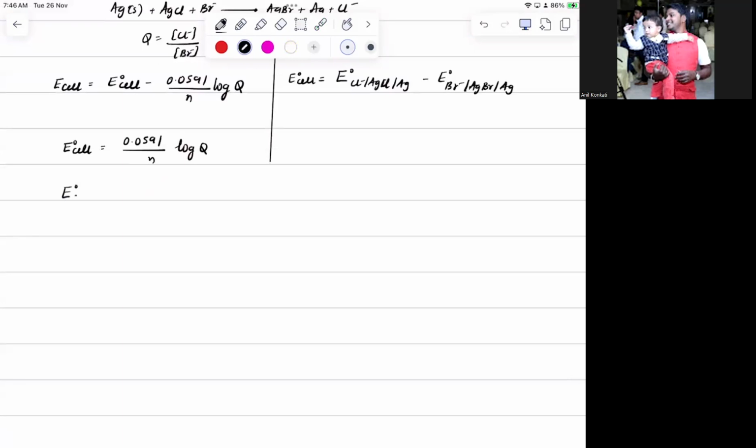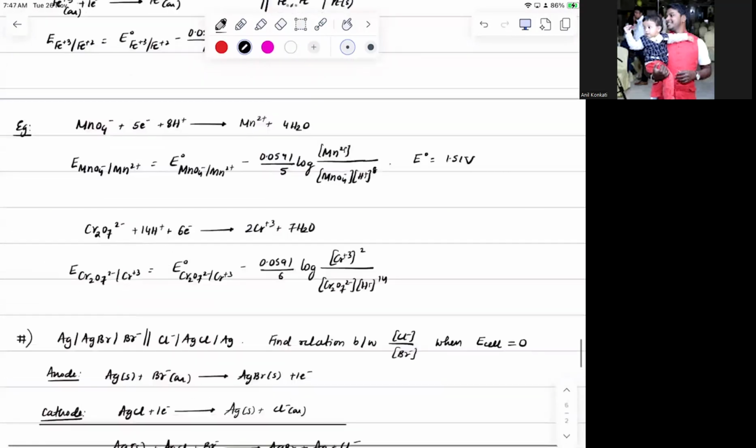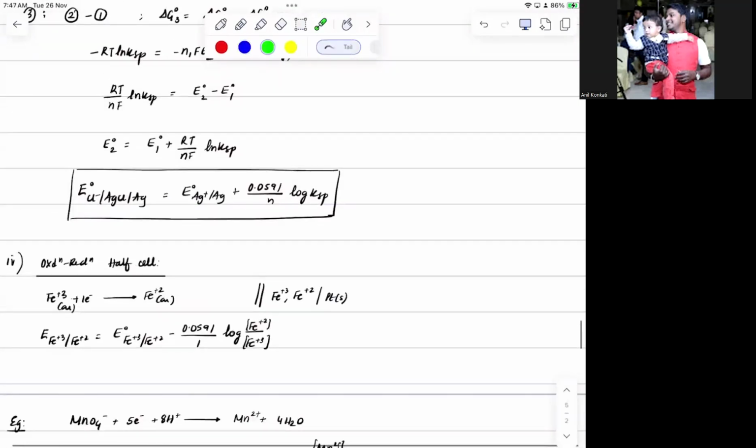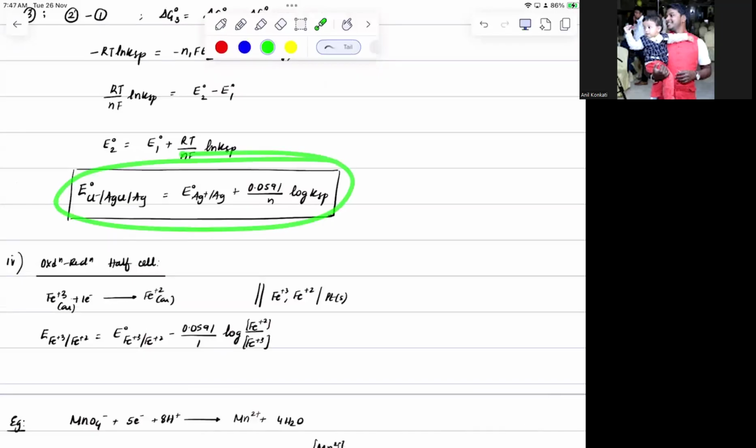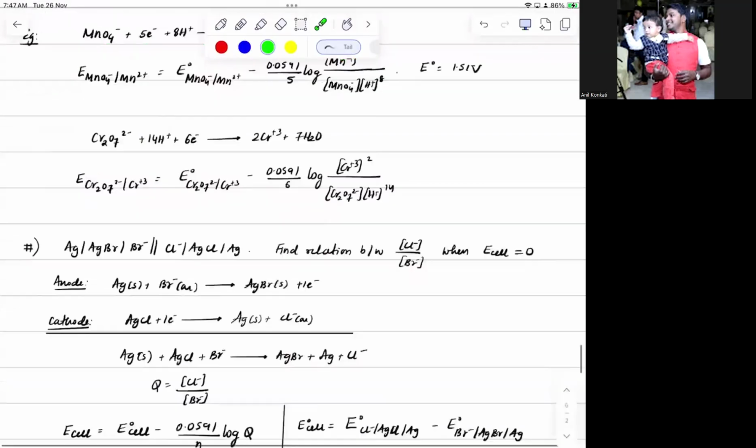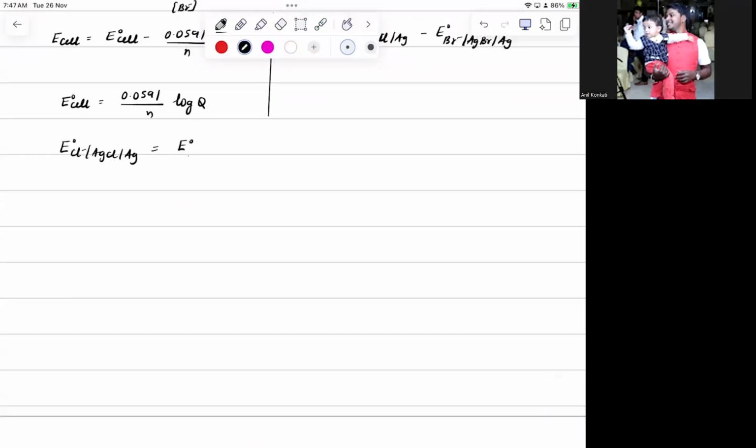See, E naught of Cl minus to AgCl to Ag is equal to, just now we have derived it above. I told you this formula is very, very important. While solving, you will be using this a lot of times. So this will be equal to E naught of Ag plus to Ag plus 0.0591 by n, in this case 1, log of Ksp of AgCl.